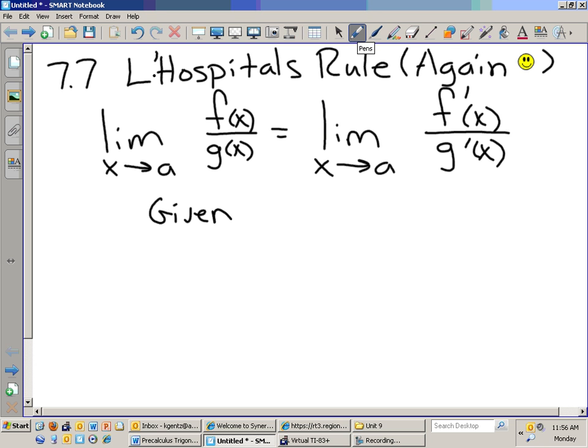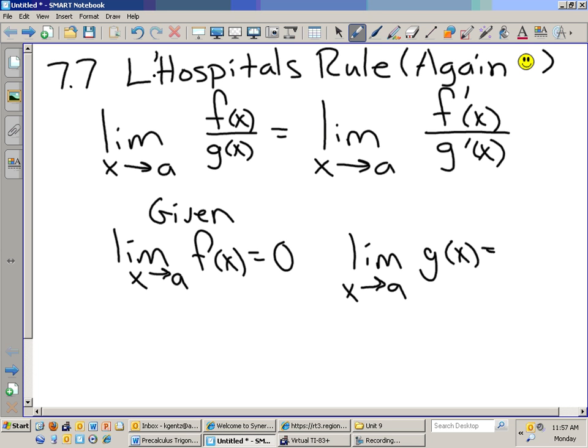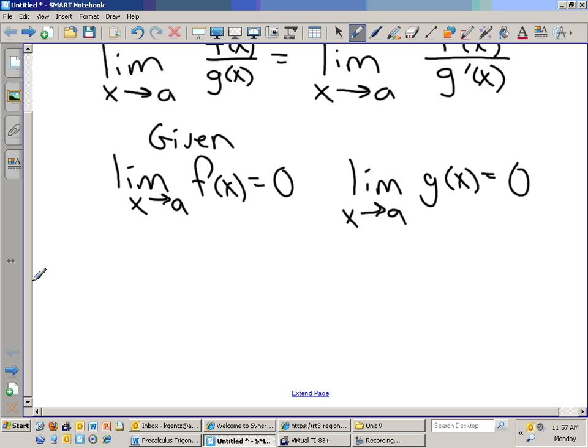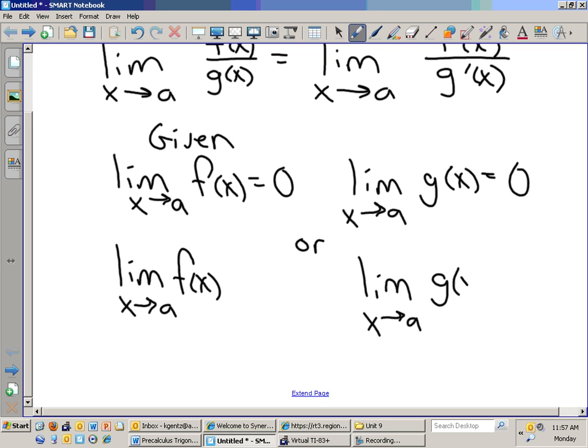Given, we really need to stipulate that the limits of f of x and g of x need to be approaching 0, or the limit as x approaches a of f of x and the limit as x approaches a of g of x equal plus or minus infinity.